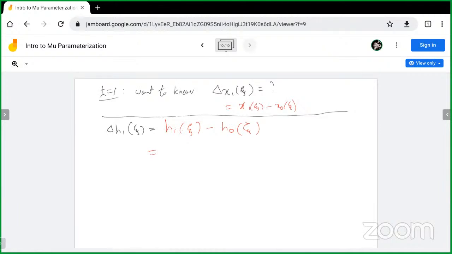Now I'm going to work out delta H1. Simple. This is U1 minus U0.